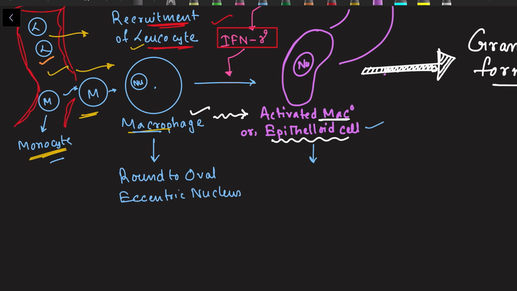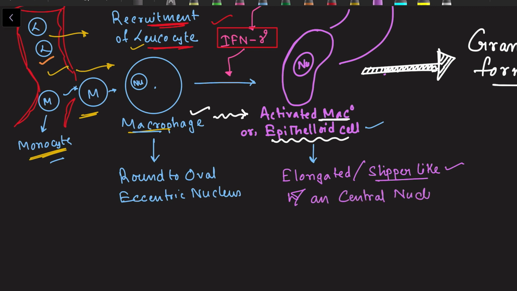Whereas an epithelioid cell is elongated, with a famous name, slipper-like, like the one you wear on the foot, a slipper-like cell with a central nucleus.